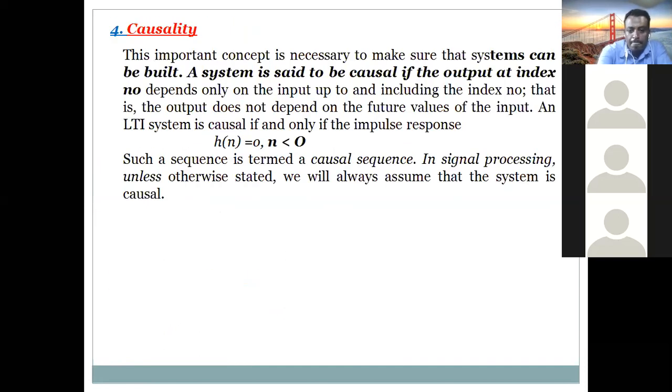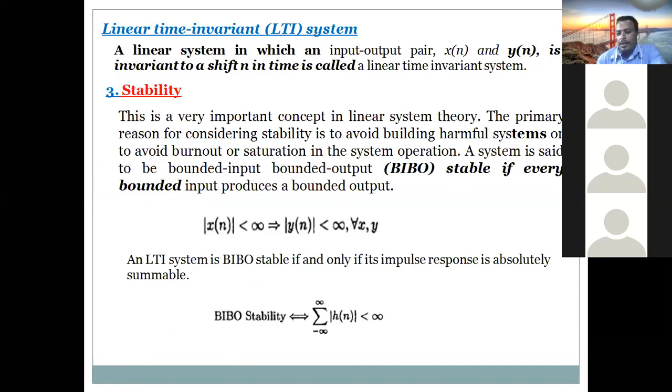So when you run this program, the summation of H, how much is the answer? 14.87. It is not infinite. It is a finite value. So the system is stable. Okay. If the summation of H becomes infinity, the system becomes unstable.